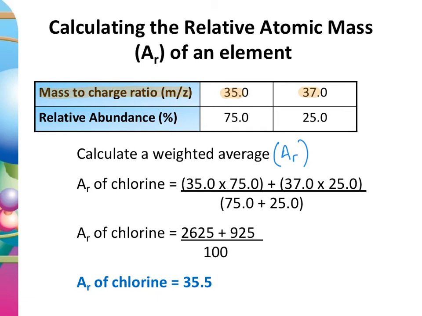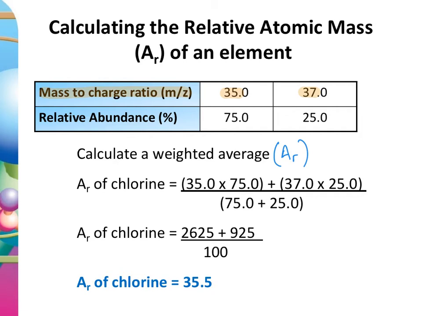If it is a percentage, it will be divided by 100, but there will be questions, so you've got to watch out for this, where the relative abundance does not add up to 100. You just have to be aware that what you're putting at the bottom is the total abundance. So we work that sum through and we get a relative atomic mass of chlorine of 35.5.